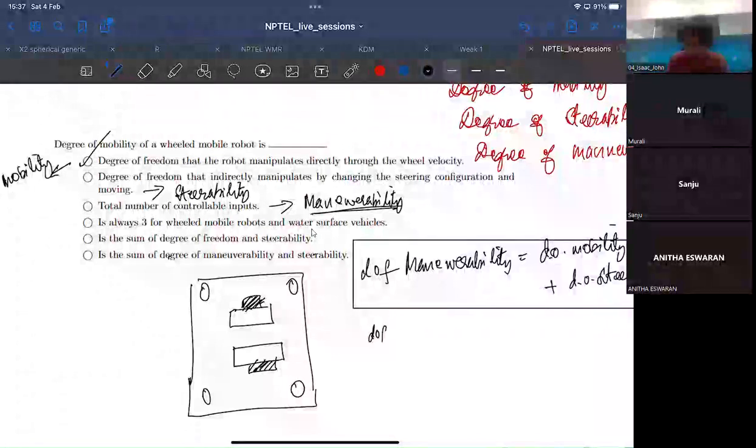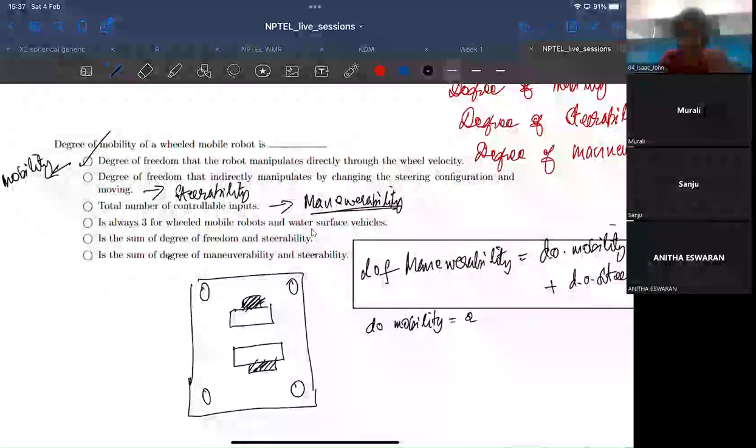So what would be the degree of mobility in this case? It would be 2, right? Because you directly manipulate the wheel velocity through two independent motors. Just forget about the steerability for now.